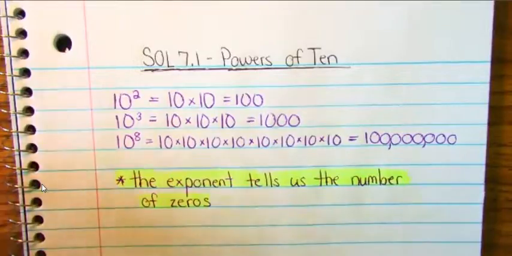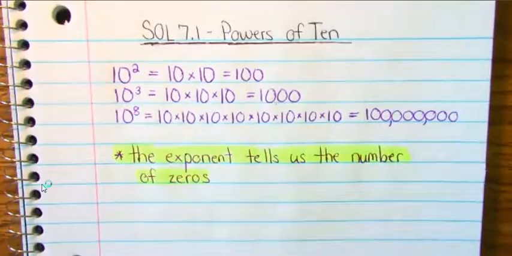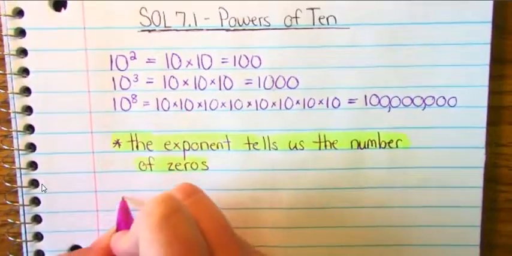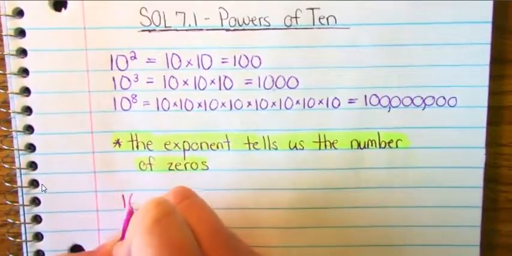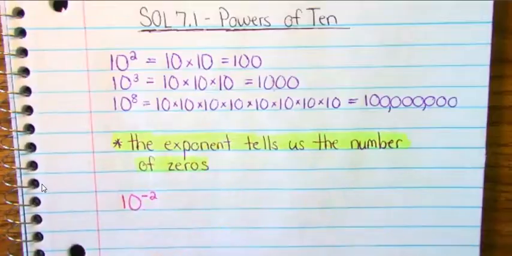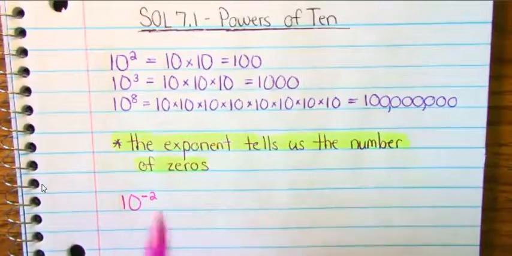Now this also works when you get into negative exponents. The thing with the negative though is that we want to get rid of the negative part. So I'm going to use my pink pen. And let's start with 10 to the negative 2. We can't just take 10 and multiply it twice because of this negative.